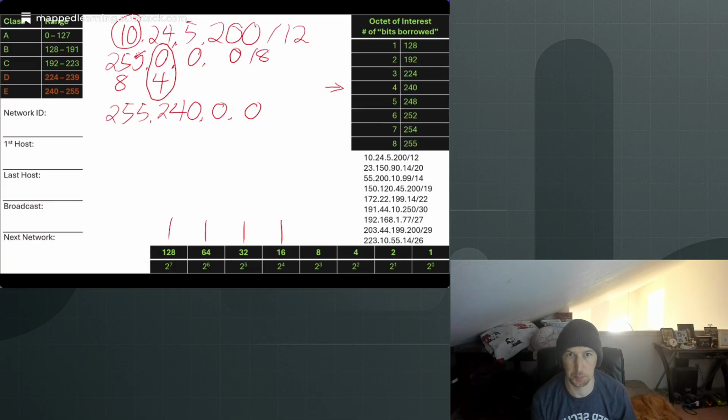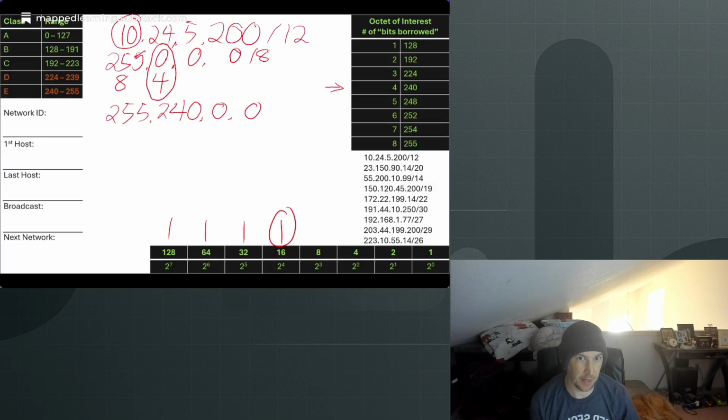The first way to get the magic number is take 256 minus the new subnet mask in the octet of interest, which is 240. The second way is to get the last binary bit that's turned on in the octet of interest. So it is 16 right here.